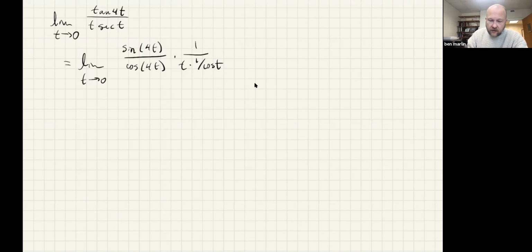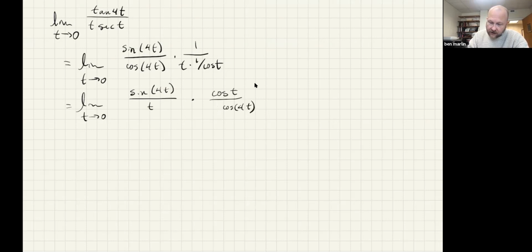All right, so I rewrote secant as 1 over cosine t there. And now I'm going to do the limit as t goes to 0. And I'm going to just rearrange this and have the sine of 4t and t. And then over here, I will end up with a cosine of t and the cosine of 4t. And of course, I copied that wrong. Sorry.